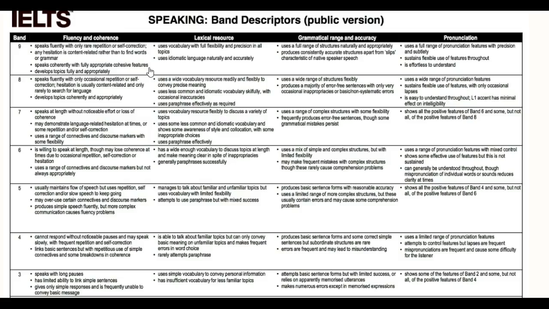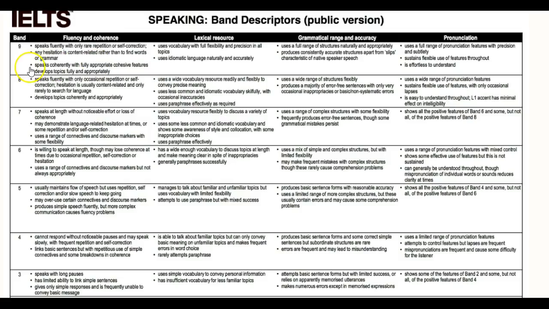That's things like ellipsis, appropriate use of pronouns, appropriate use of linking devices, okay? Appropriate use of words like such, so, this, that. It's fully appropriate and it's accurate. It doesn't say that, but it's assumed that your use of these cohesive features is accurate as well.